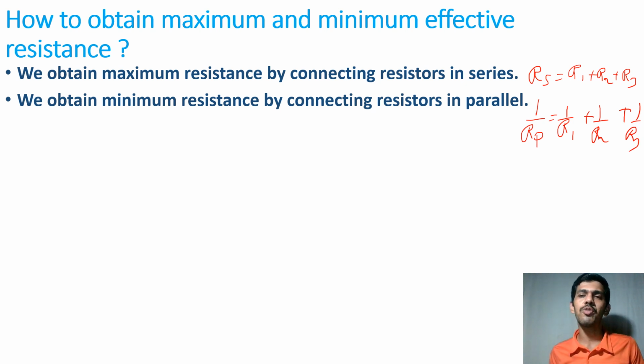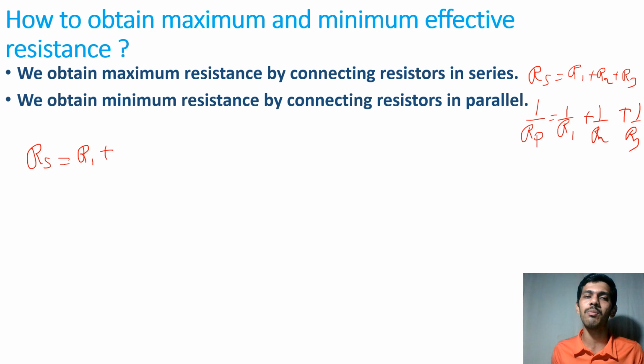Now, here we have taken three resistors. What if there are n number of resistors? In series, the formula is simple. Rs is equal to R1 plus R2 plus R3, and like that you have to go on adding up to Rn.